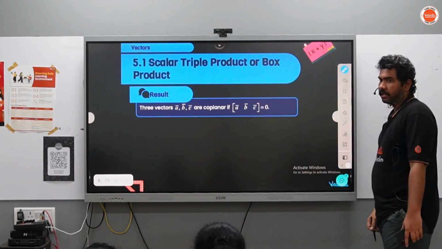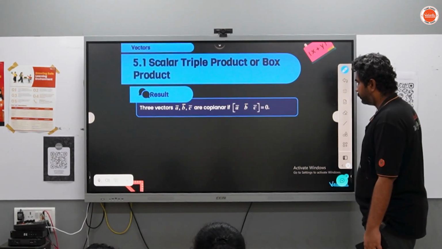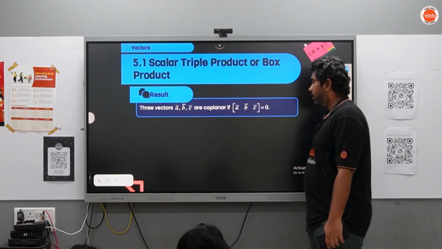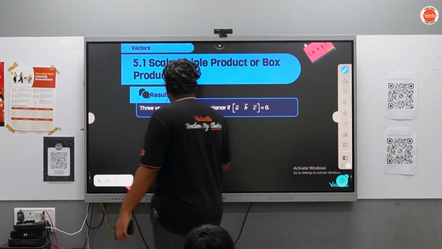Yes, coplanarity condition we know already: A dot B cross C is 0. Understandable here, right?